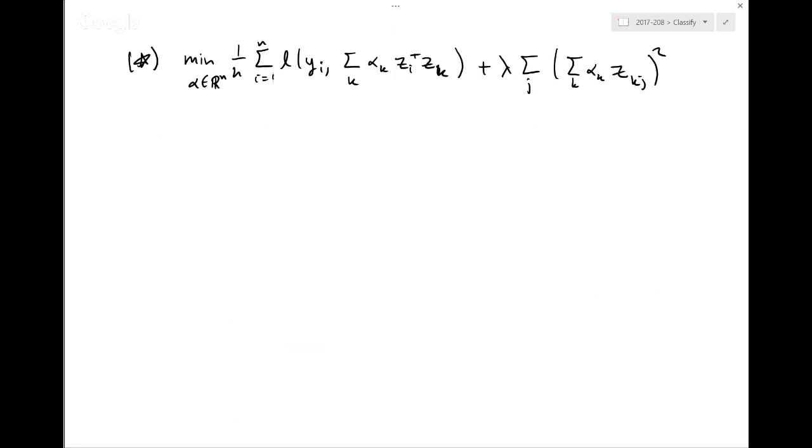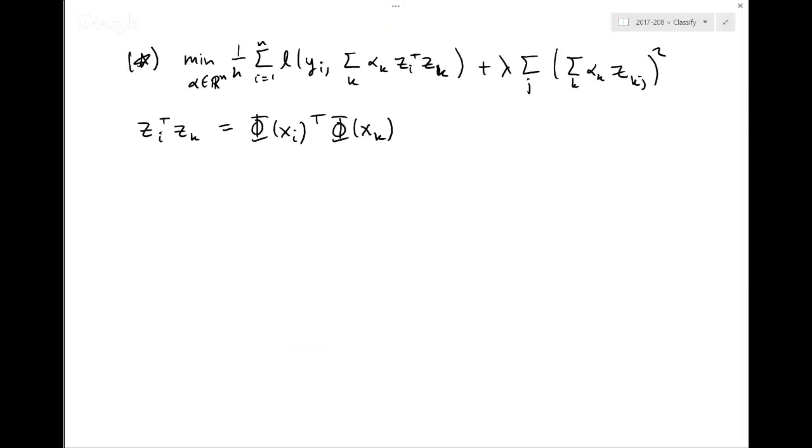So let's remember what these z's were. So we have the zi transpose zk in here. All right. So this was phi of xi. This is the vector. We can transpose it with phi of xk. That's what we have here. So now what we're going to do is think of this thing right here as a function of xi and xk.